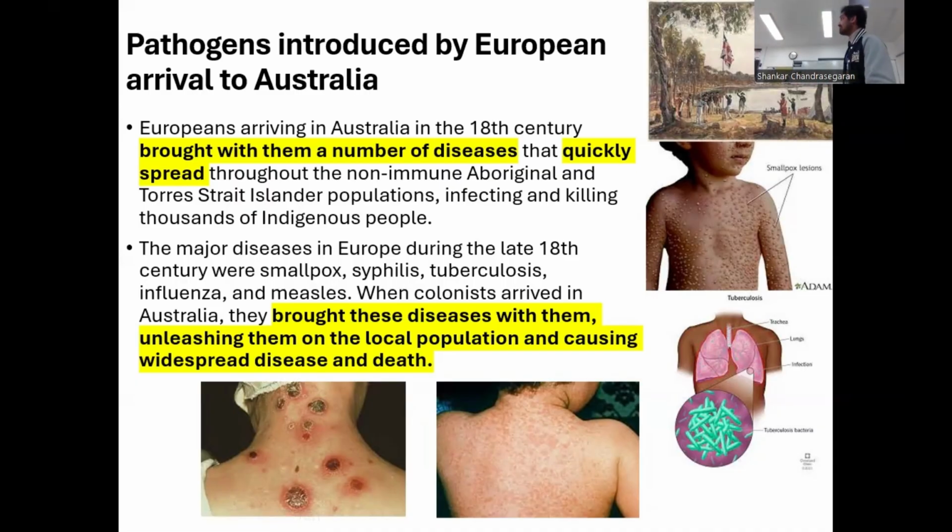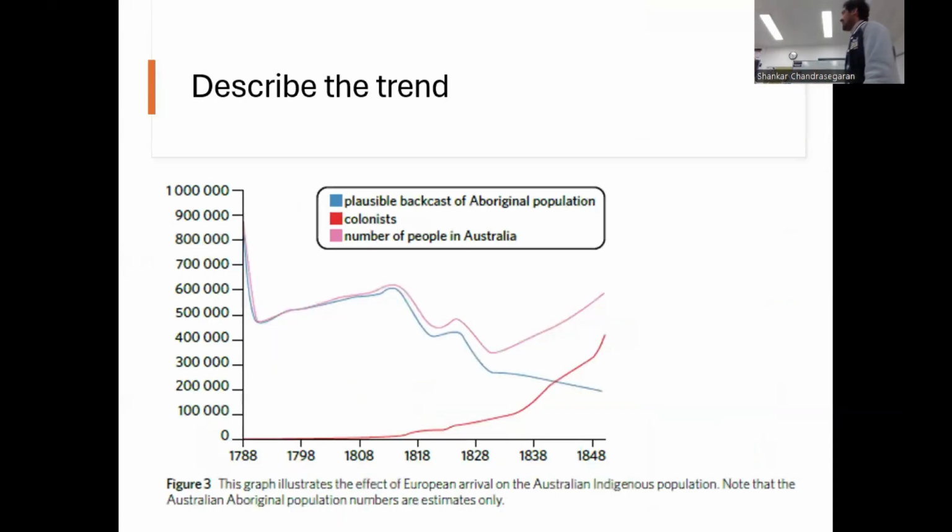When they brought in these diseases into Australia, they spread like wildfire because they had no immunity to these diseases. That means that it can spread without any control. So that actually led to widespread disease and death that you can actually see in the trend here, right?